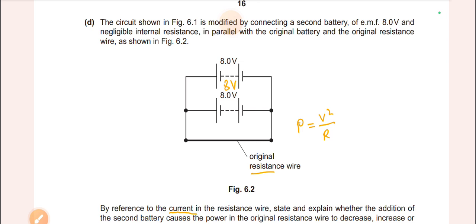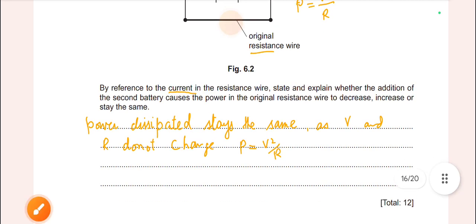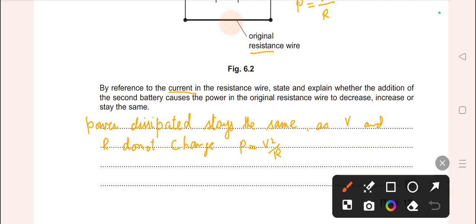It says, by reference to current, explain whether the addition of the second battery causes a change in power in the original. As we just discussed, the formula for the power is P equals V squared over R. As the voltage stays the same and the resistance of the wire stays the same, there is going to be no change in the power, right?